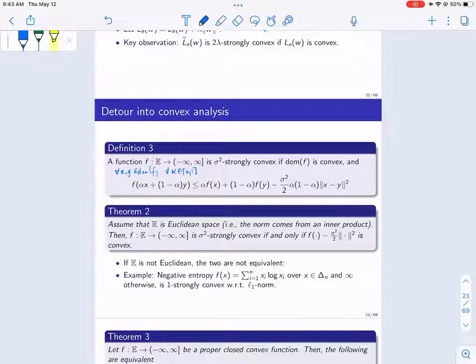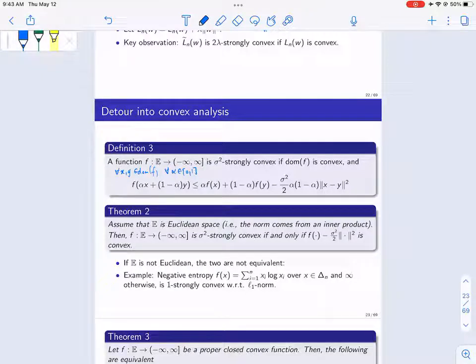This part makes it a stronger inequality. Because this is non-negative, and we're subtracting something non-negative, this is definitely less than the first half. So something which is strongly convex is also convex.